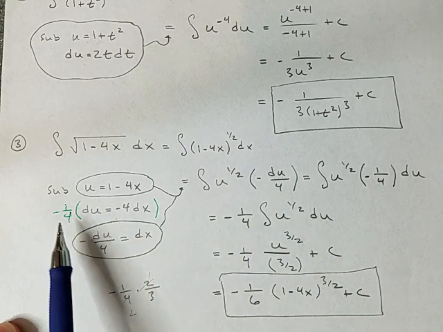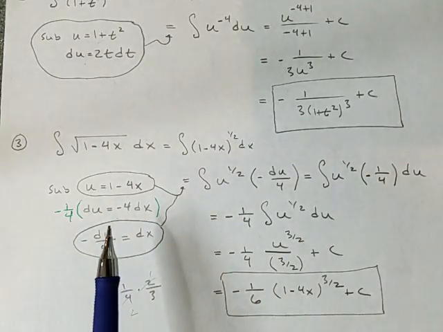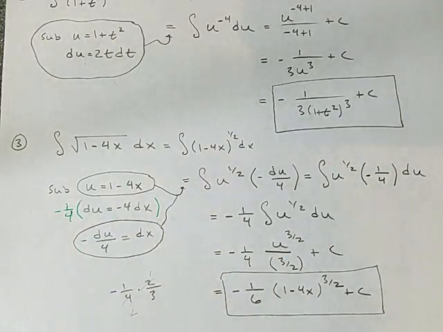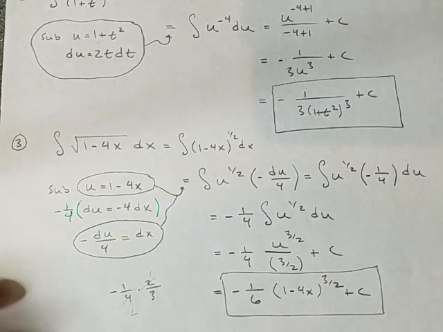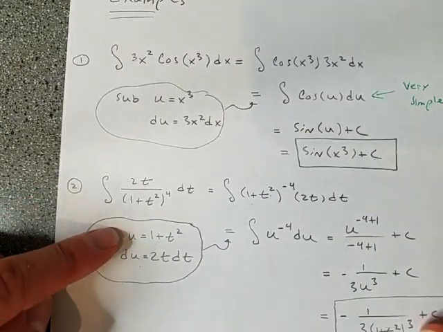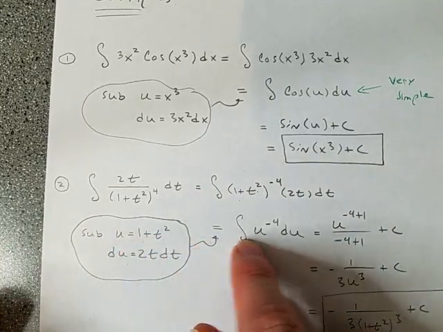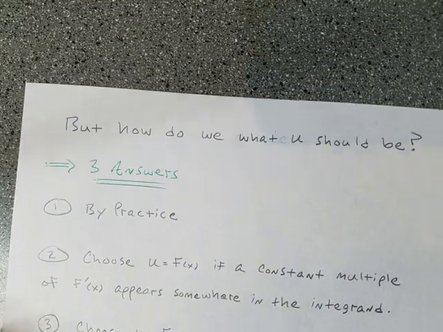I can multiply both sides by negative 1/4. I can add a number, I can subtract a number, I can do whatever I need to. Through doing some examples, you'll see the way that works. In these, I gave you the u just so you can see how it works out once that part's known. Now, truth is, you will have to figure out what u is supposed to be.